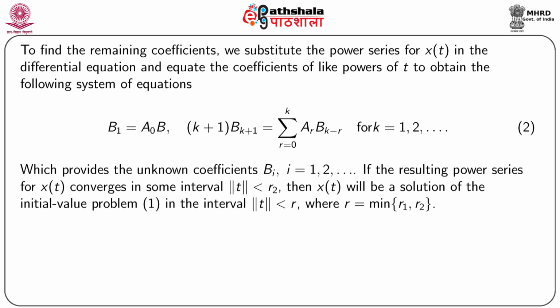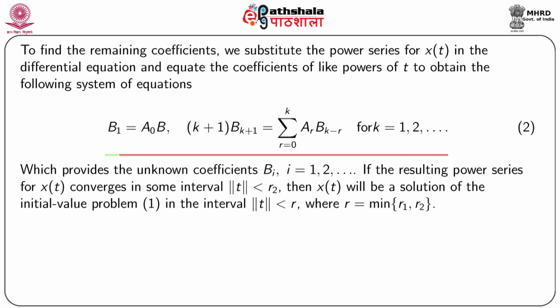To find the remaining coefficients, we substitute the power series for x(t) in the differential equation and equate the coefficients of like powers of t to obtain the following system of equations.